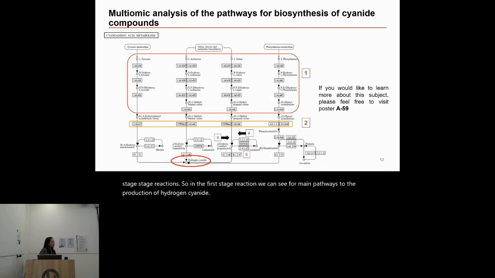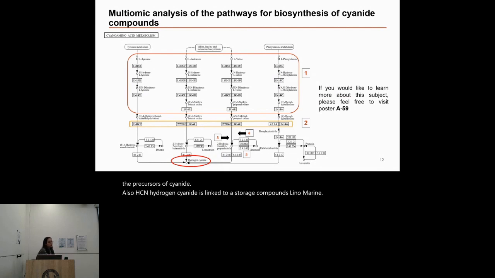In this stage, the amino acids transform into oximes with the help of certain enzymes. And in the second stage, the oximes are converted into the precursors of cyanide. Also, HCN, or hydrogen cyanide, is linked to storage compounds, like linamarin.